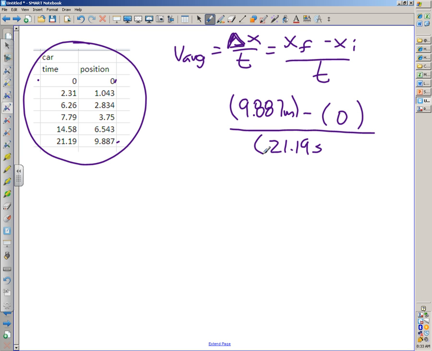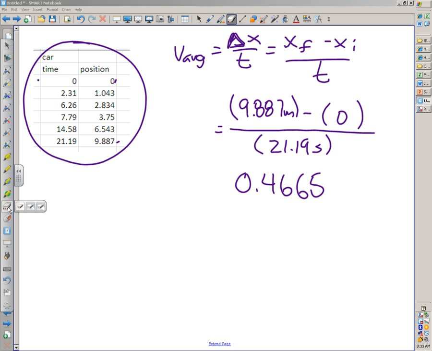21.19 seconds. Because I asked you all to pull out your calculator at the beginning of the class, you've got these numbers, and it turns out to be 0.4665, and I think that's proper rounding. Oh, wait, what's after the 5? 8. Okay, because how many sig digs here? 4 sig digs here, 4 sig digs here, so our answer should have 4.